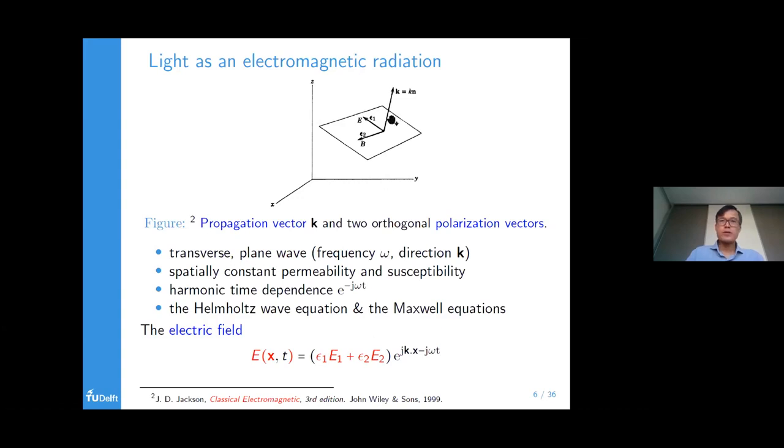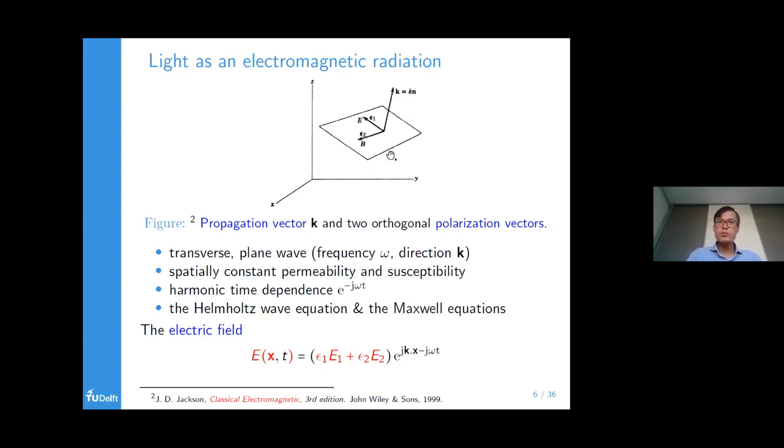If we choose an orthonormal basis n, epsilon 1 and epsilon 2 as in this figure, where n is in the direction of propagation of light, then the two particular solutions to the wave equation are in the directions of epsilon 1 and epsilon 2.